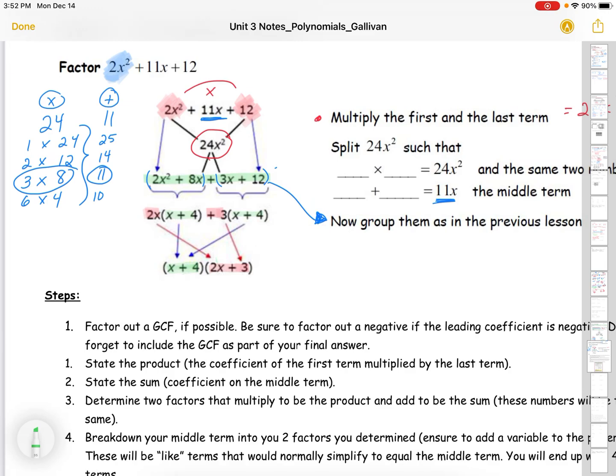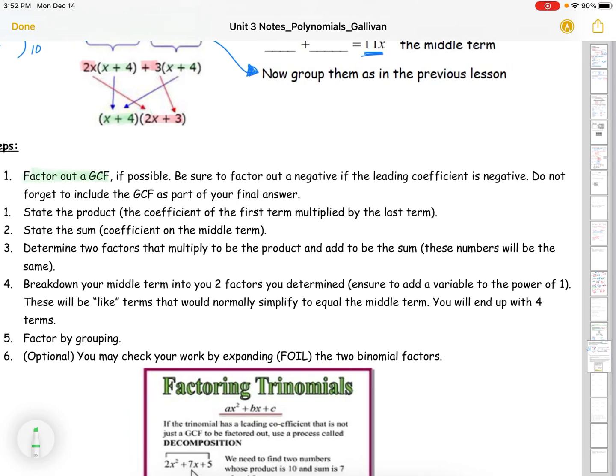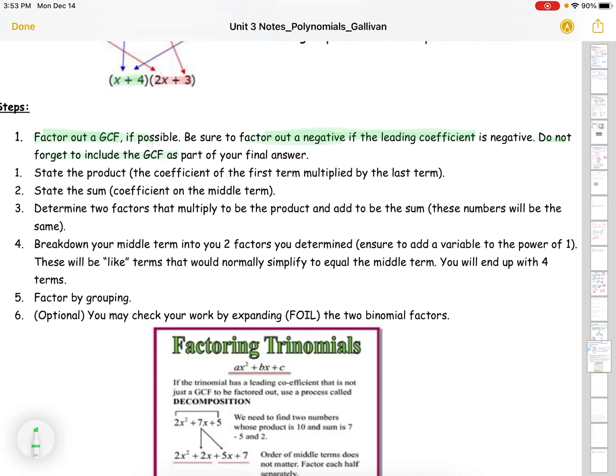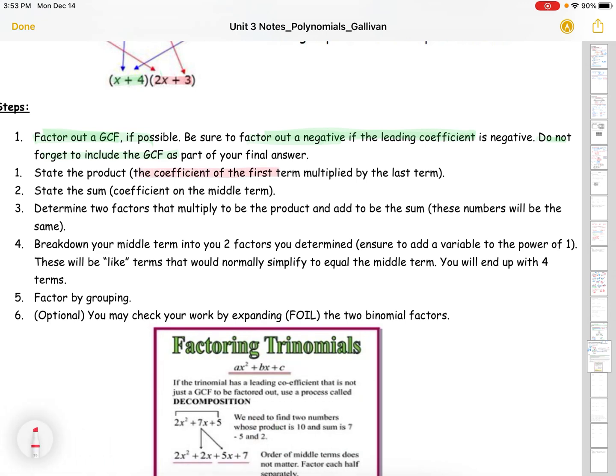It's good practice. So the steps are, factor out a GCF if possible. That's always your first step, right? Be sure to factor out a negative if it's the leading coefficient. And don't forget to include the GCF as part of your final answer. You're going to state the product of the coefficient of the first term multiplied by the last term, and then state the sum.